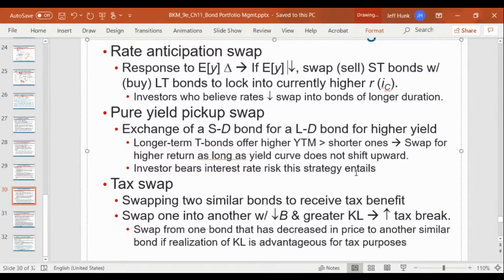Now, what do you do? You generally sell your short-term bond holdings and move the money into the long-term bonds. Why? The motivation is different, but actually they end up in the same result.